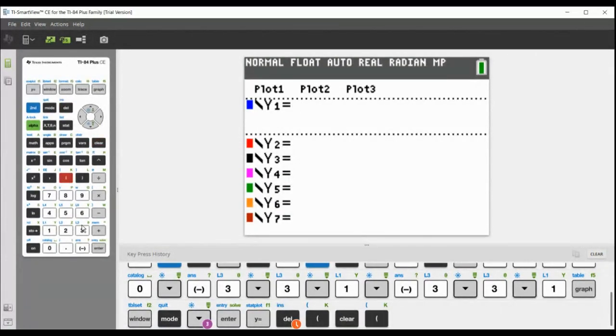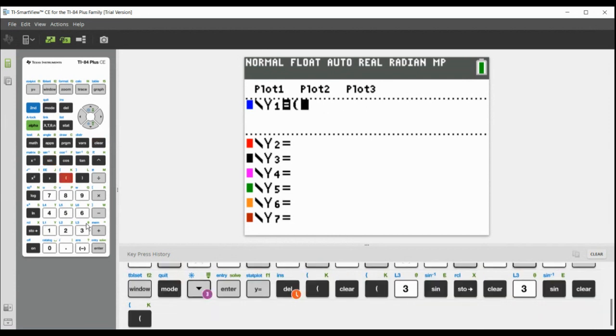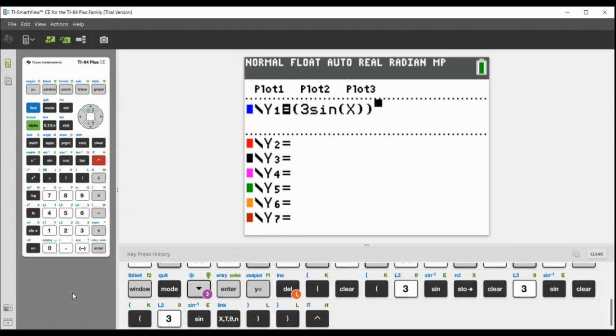I'll type in 3 times the sine... No, I'm not doing this right. 3 times the sine of x squared. All right, 3 times the sine of x squared.